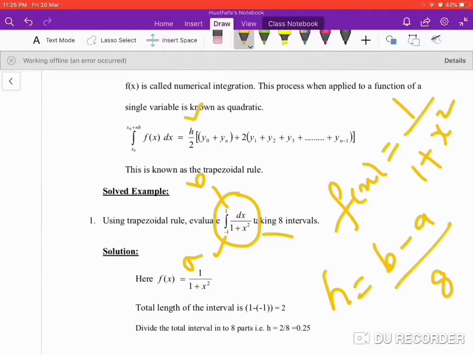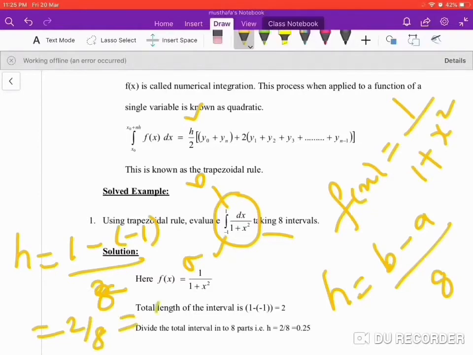Upon substituting the values of a and b, we get 1 minus of -1, which is 2, divided by 8. So 2 over 8 is nothing but 0.25. So now we have the value of h and we defined f of x.